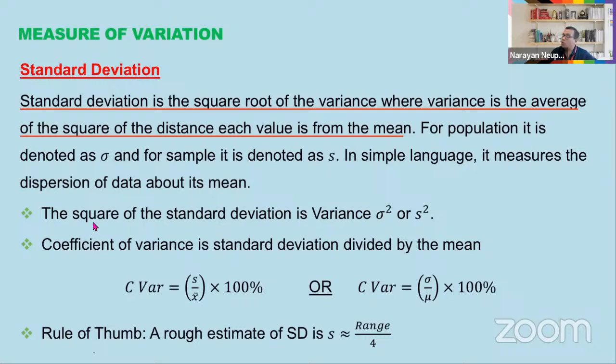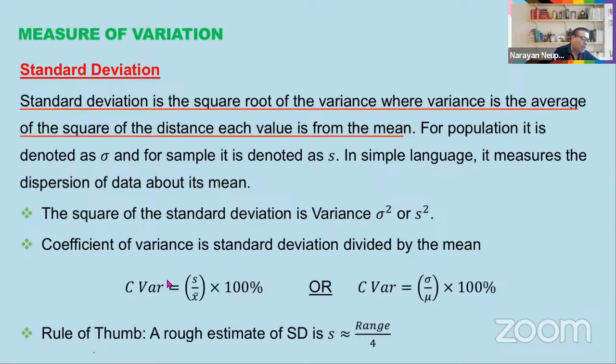And if we square the standard deviation, it can be sigma squared or s squared. That is called the variance. The square of the standard deviation is called the variance. And we can also find the coefficient of variance, because this will tell you the exact scatteredness of the data. I have two formulas here for the coefficient of variance. One is for the population, and the first one is for sample.